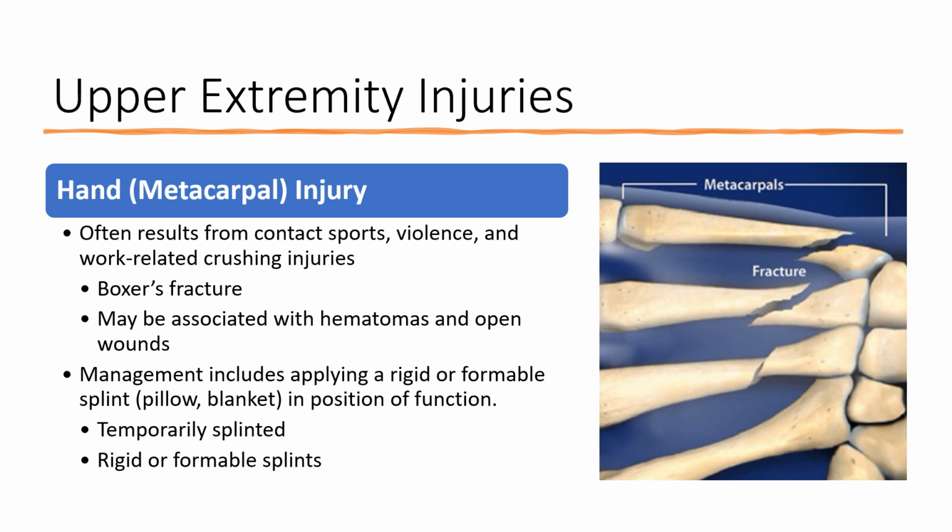It's why boxers wrap, and MMA fighters and others wrap their hands and wrists, so they try and prevent that injury. And so it happens frequently, and your fist is not a fantastic weapon. So managing it is going to be applying a rigid deformable splint, sometimes using the blanket or pillow in a position of comfort or function, best for the patient, and it works pretty well.